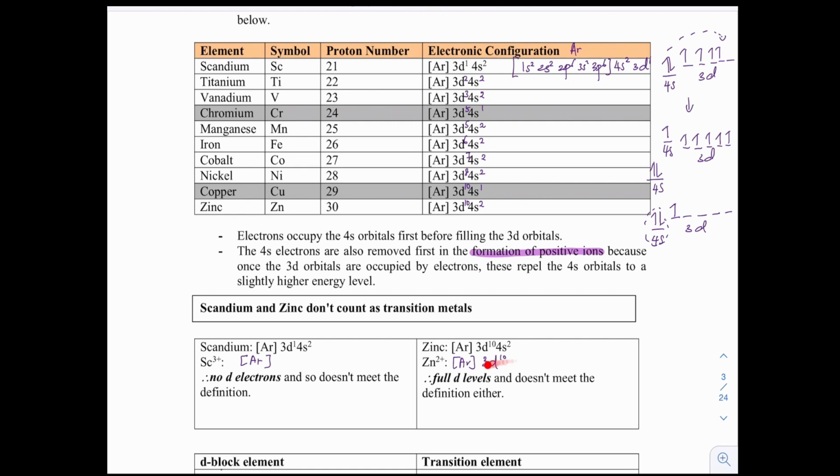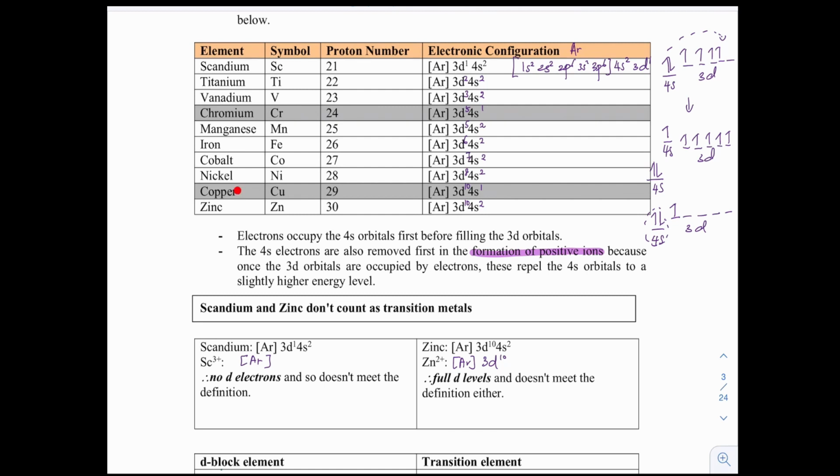According to the definition again, it must have a stable ion with an incompletely filled d orbital. However, if you look at the d orbitals over here, it is a fully filled d orbital. So it doesn't meet the definition either. Both of these are not counted as transition metals.